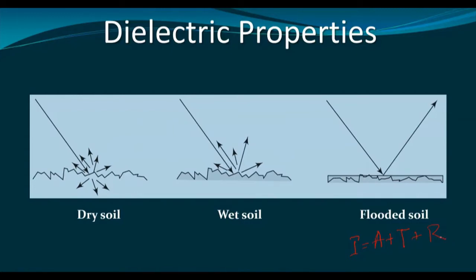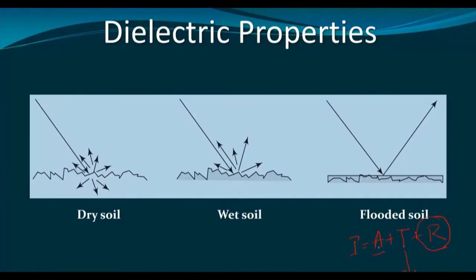Now see, if there is no transmission and no absorption, let us assume, in that case the reflected energy will be extremely high because the entire incoming energy is being reflected. And in case of dry soil, what happens? Some amount of energy is being transmitted through the earth surface.